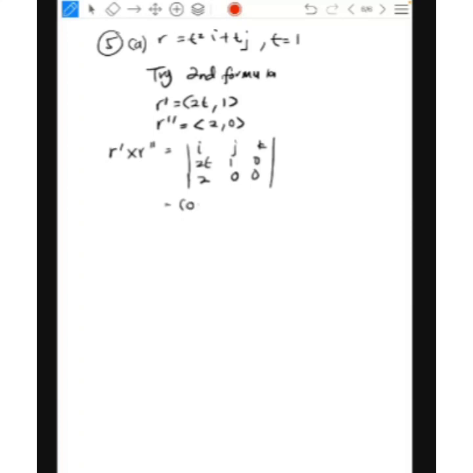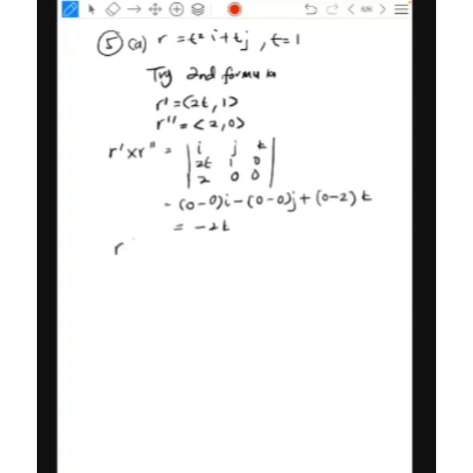So 0 minus 2i minus 0 minus 0j plus 0, sorry, 0 minus 0i, and then 0 minus 0j, and then 0 minus 2j. So what's left is only negative 2k.